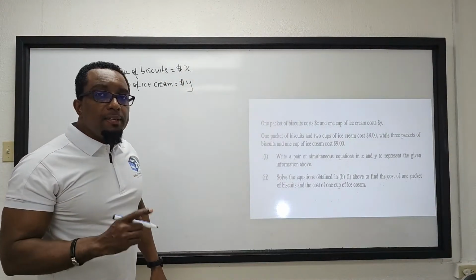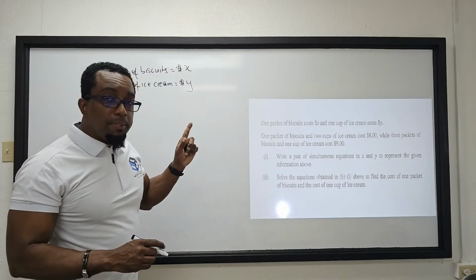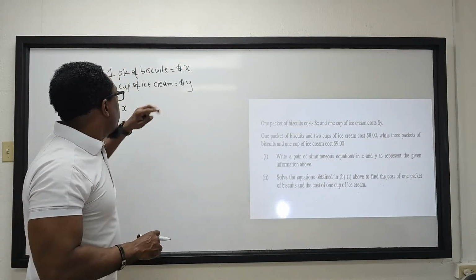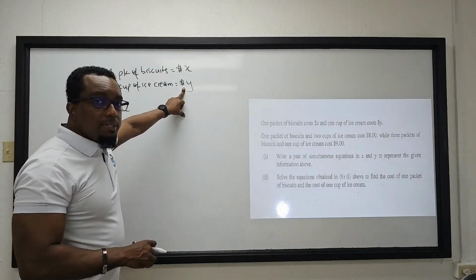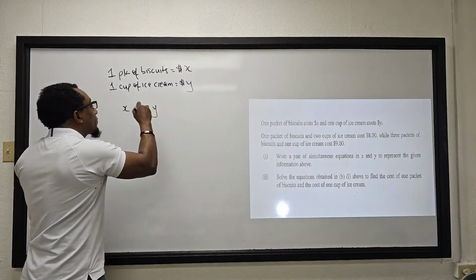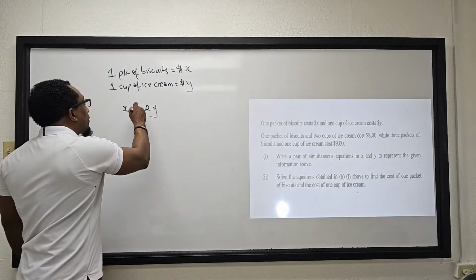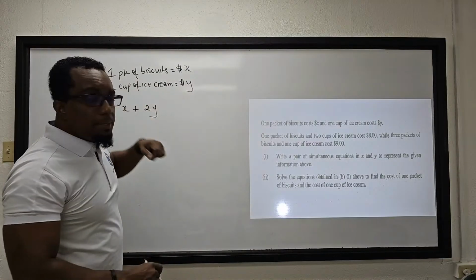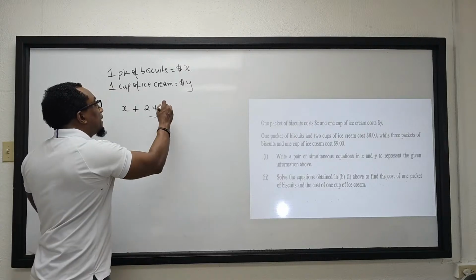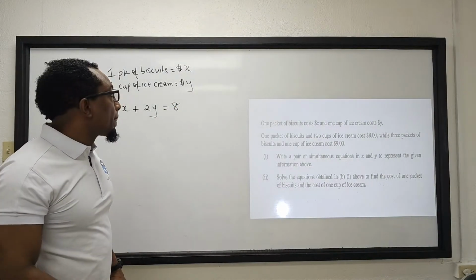And if 1 cup of ice cream is Y dollars, then 2 cups of ice cream will be 2Y dollars. So the total cost of 1 pack of biscuits and 2 cups of ice cream is equal to $8. So one equation is created.